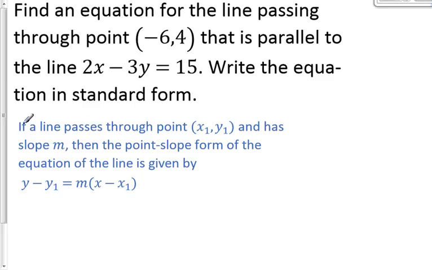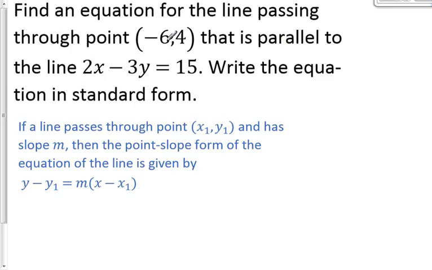So this says if a line passes through point x1, y1, well, we have a point negative 6, 4, which means x1 is negative 6, y1 is 4, and has slope m. Well, we don't know the slope because it wasn't given to us explicitly, but the slope is implied to be the same as the slope of this line because they're parallel lines.